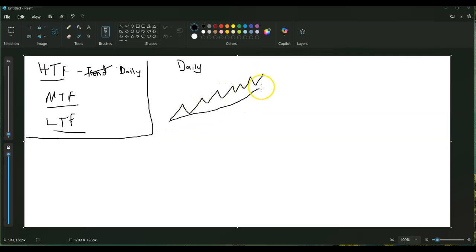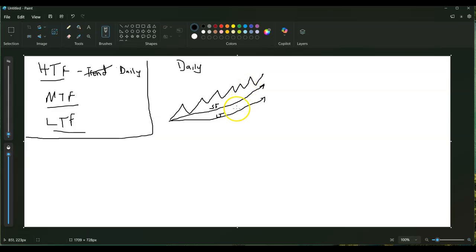And then you have some approach, maybe a short-term and a long-term moving average. This is your short-term moving average, and this is your long-term moving average. So it looks like an uptrend.